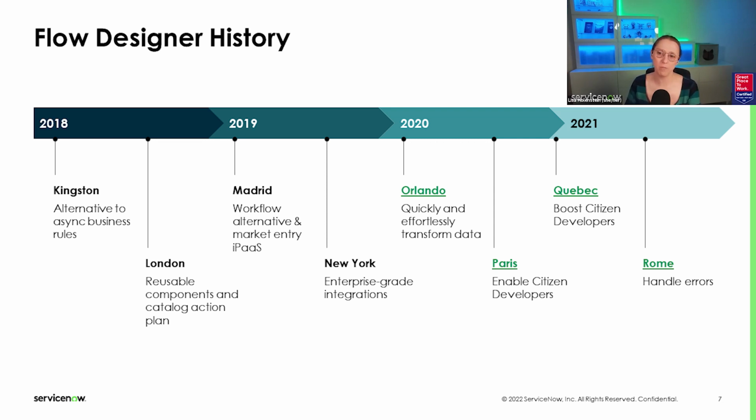In London, we went beyond orchestration with complex and dynamic integrations and catalog fulfillment. We also added reusable components. Then Madrid brought foreground or background execution to help Flow Designer become a real workflow alternative and for it to be iPaaS ready. Since New York, we've been expanding on Integration Hub to deliver enterprise-grade integrations.